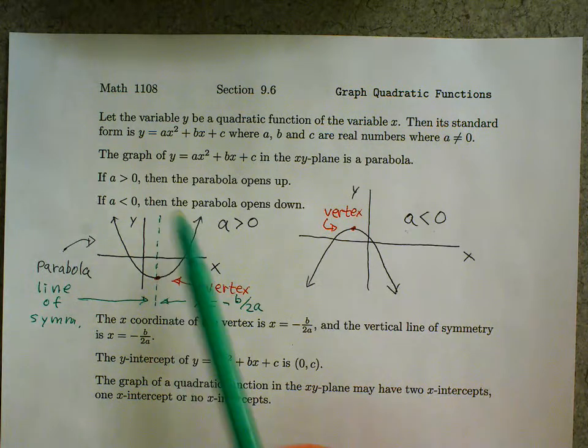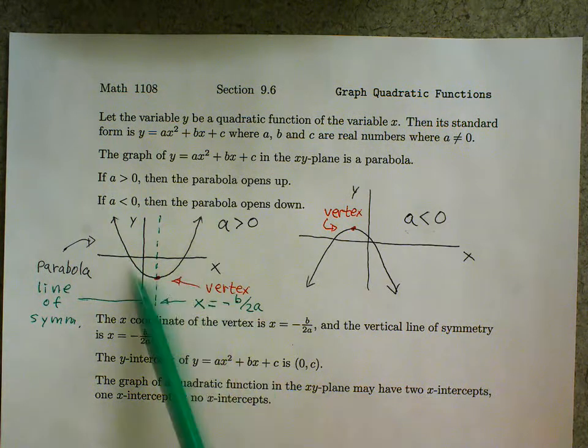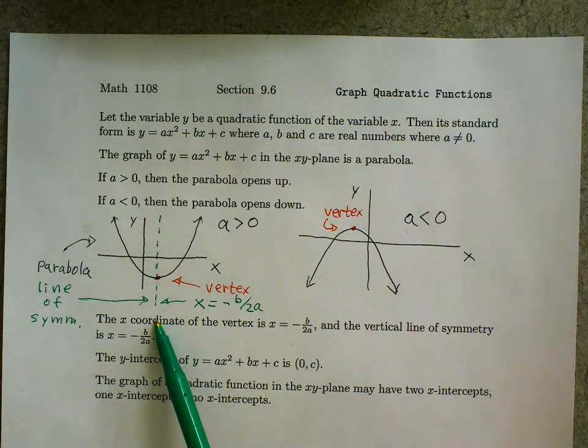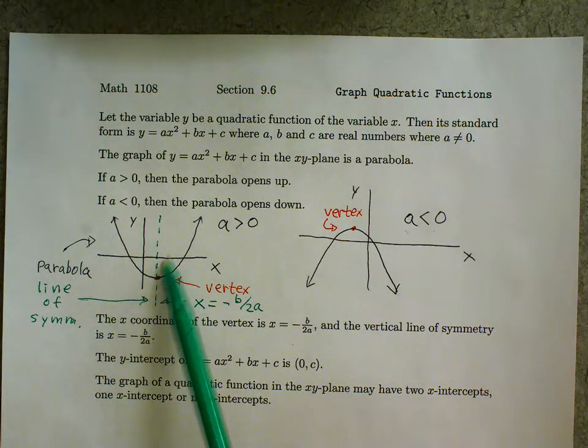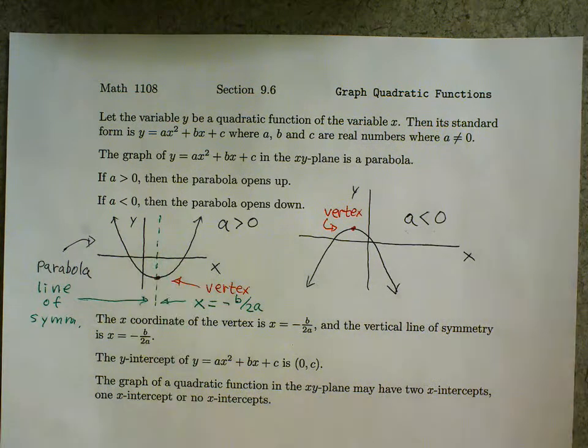We can also say that the parabola is symmetric with respect to the vertical line of symmetry. Another way to describe it is that one side is a reflection of the other side, like a mirror image.